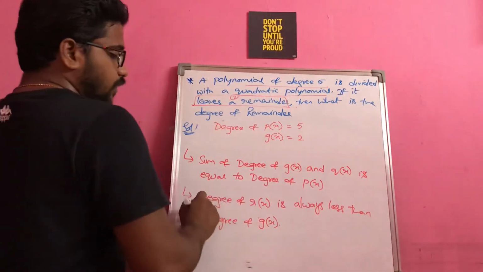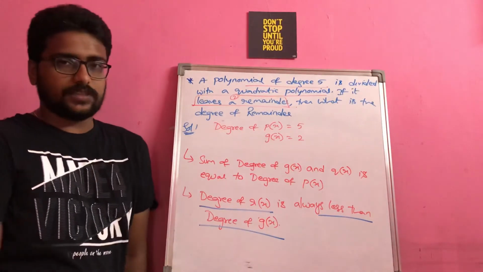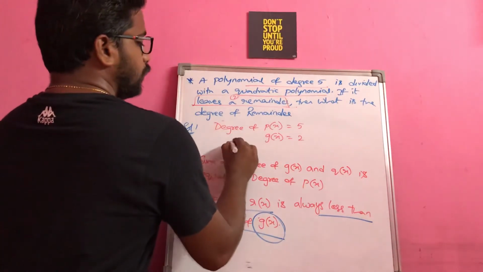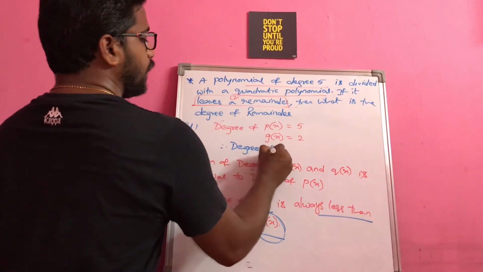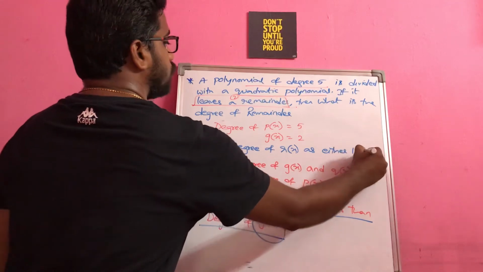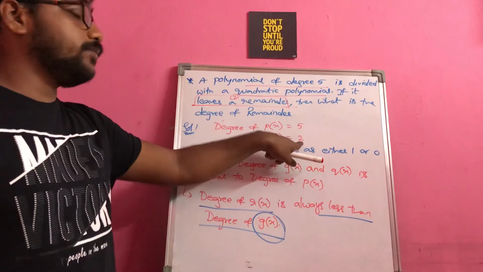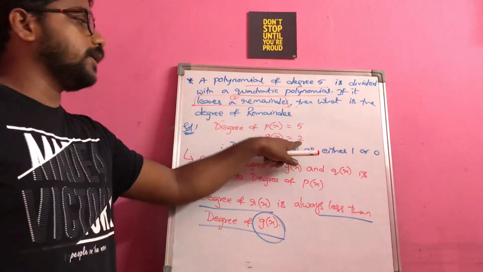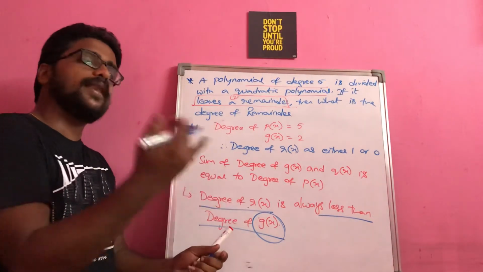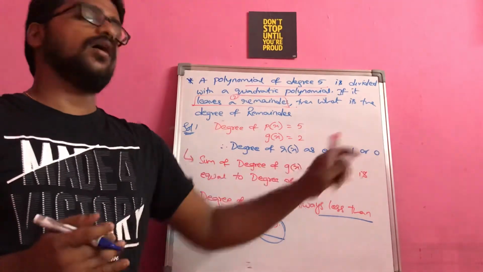We discussed here, degree of remainder is always less than degree of g of x. See, this is g of x, not p of x. So using this rule, I can write the degree of r of x as either 1 or 0. Divisor degree is 2 here, so degree of r of x should be less than that. The numbers less than 2 are nothing but 1 or 0.